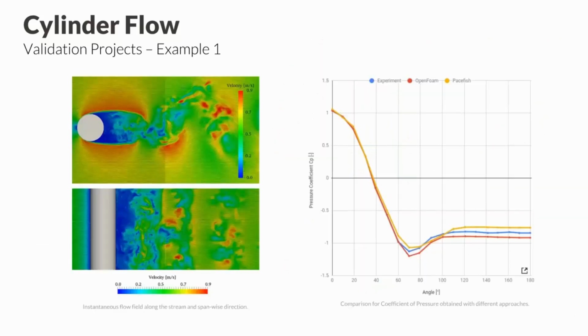On the left, nothing special, we can see that the instantaneous flow field captures these vortices that are being formed behind the structure. And on the right, we can see a plot of the pressure coefficient in circumferential direction. So this is in front of the cylinder, and then to 100 degrees, how the pressure coefficient over the cylinder develops.